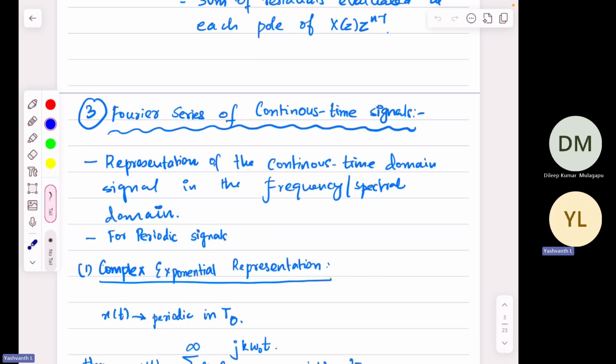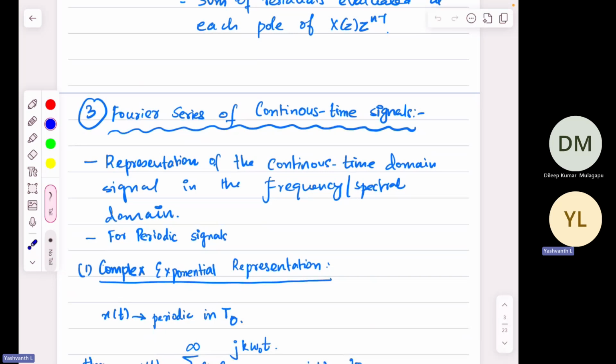And we also characterized the input to output relationship of an LTI system using the transfer function, that is the Laplace transform of the impulse response of an LTI system. And then we analyzed, in terms of the transfer function, how we can characterize the stability, the causality, the memorylessness properties of an LTI system.